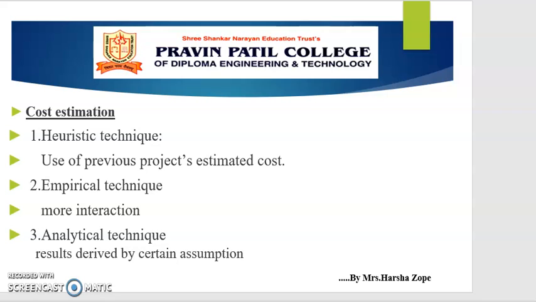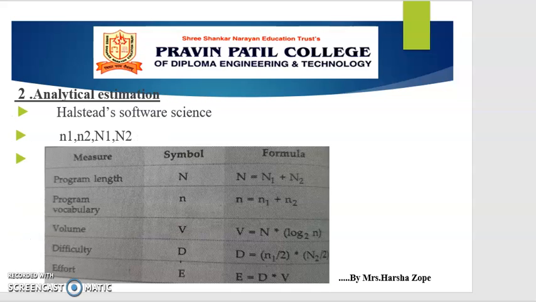Once the basic parameters are known, the other parameters can be easily determined by substituting the values of the basic parameters in the mathematical expression. The COCOMO model is an example of heuristic technique. Next we'll start with empirical estimation and analytical estimation.